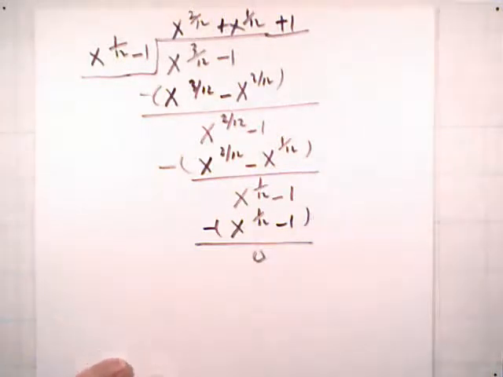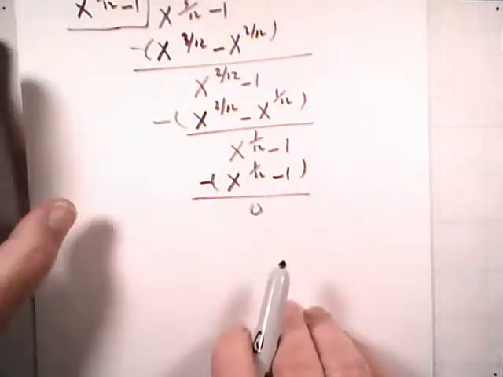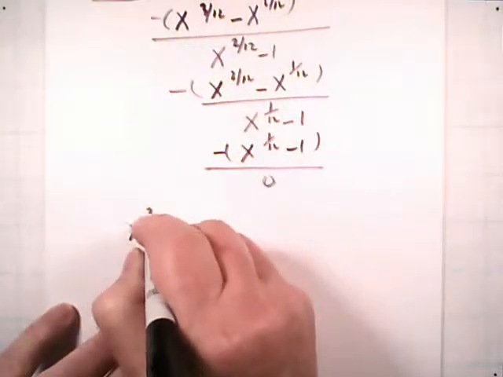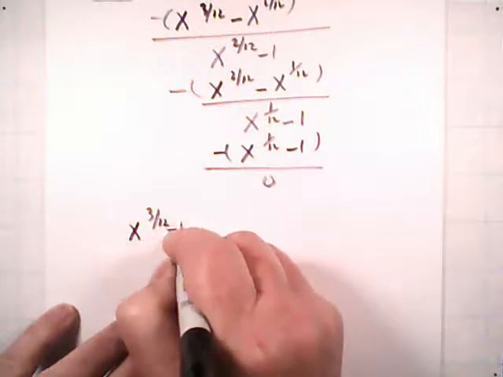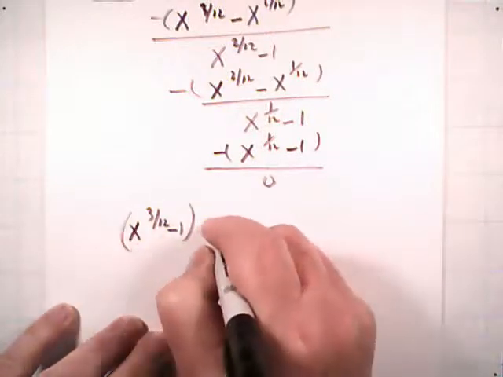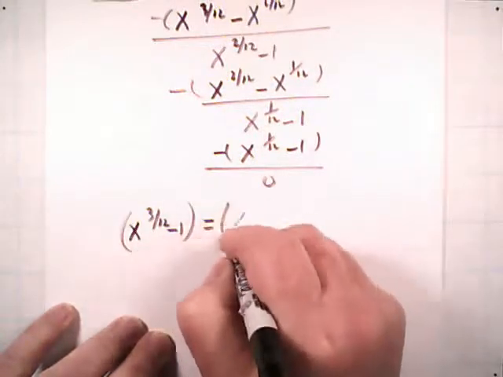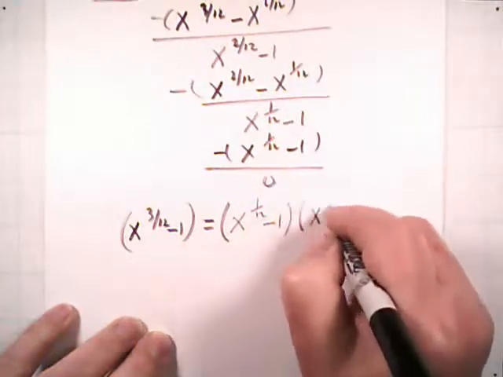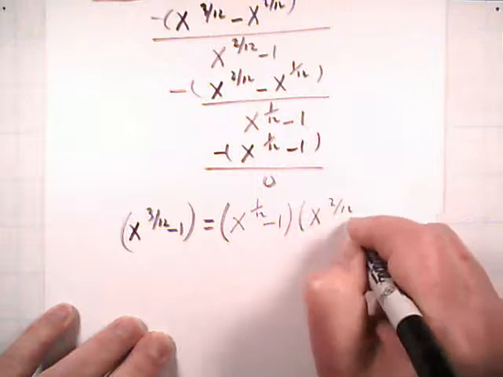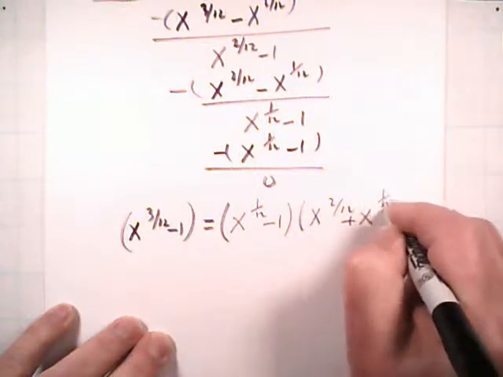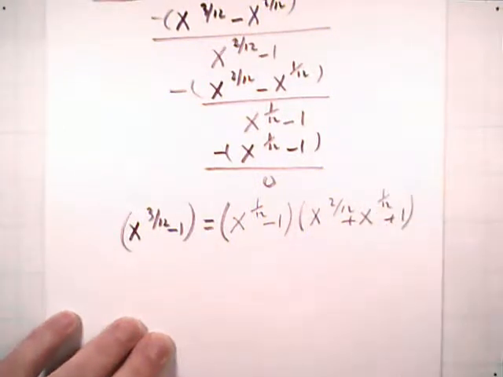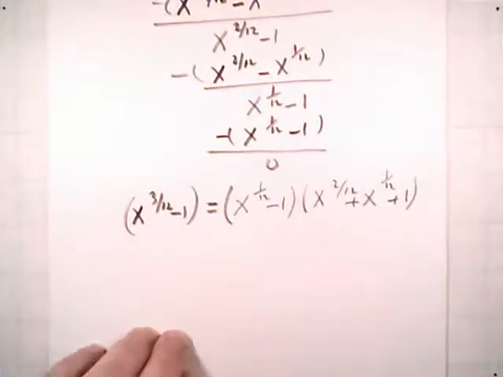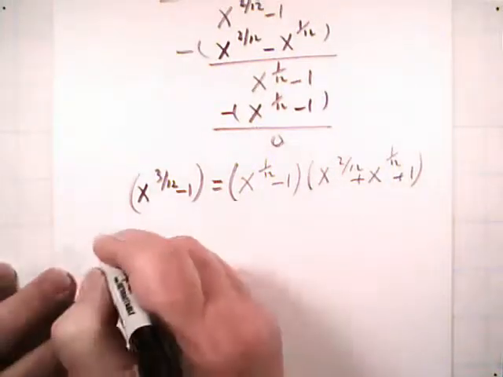And what that, of course, means is that x to the 3/12 minus 1 can be broken up into the factors x to the 1/12 minus 1 times x to the 2/12 plus x to the 1/12 plus 1. And what we're going to do now is substitute that back in and rewrite the original problem.